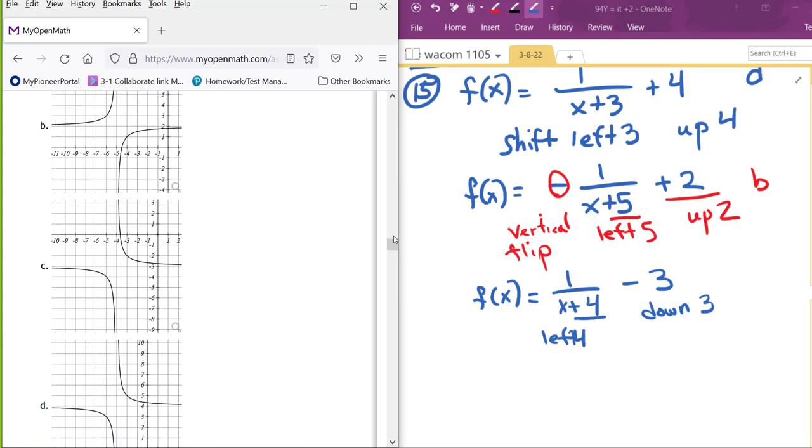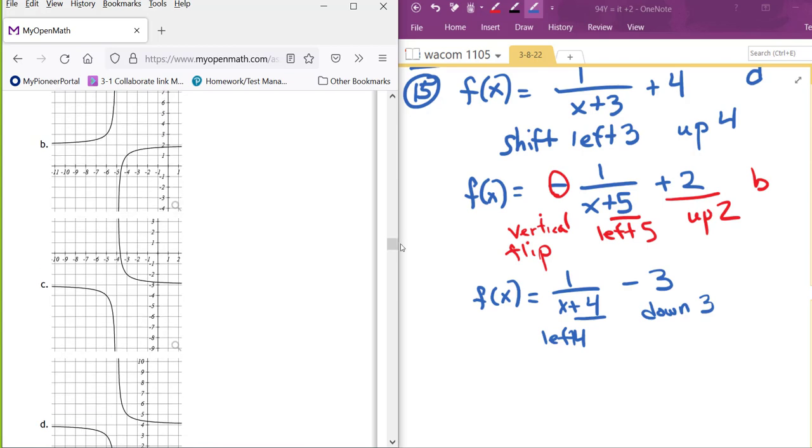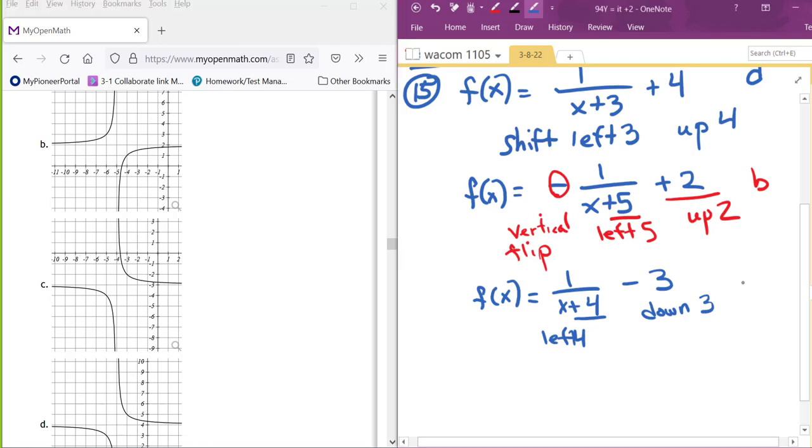So left 4 and down 3 looks to me like C. Moved left 4, negative 4 is your vertical asymptote. You are down 3, negative 3 is the horizontal asymptote. So C is your choice on this one.